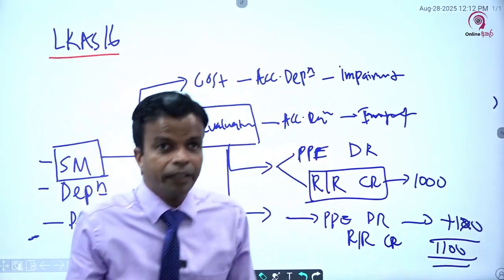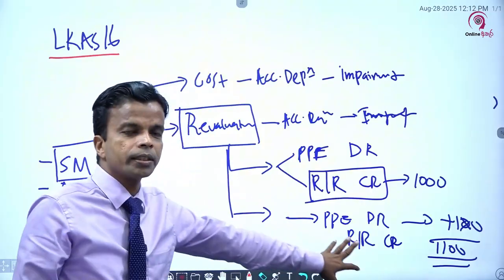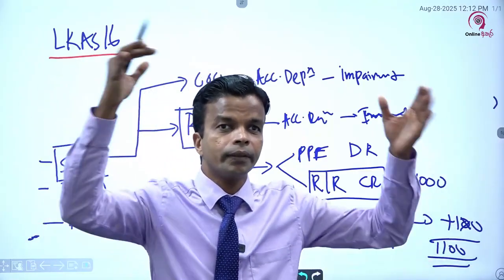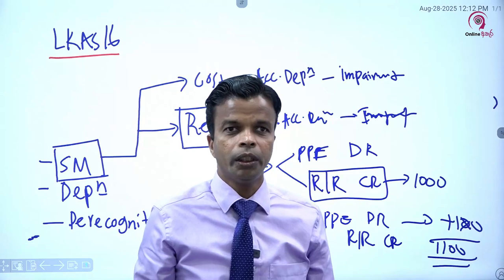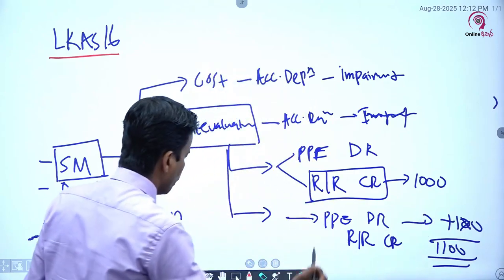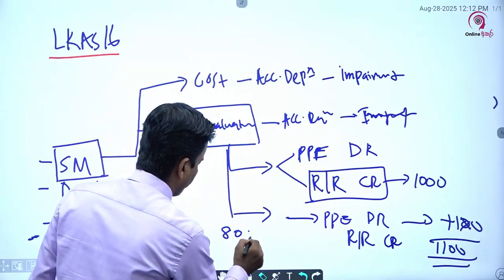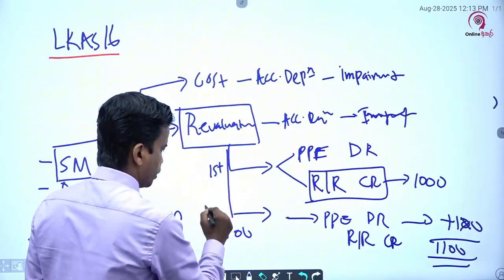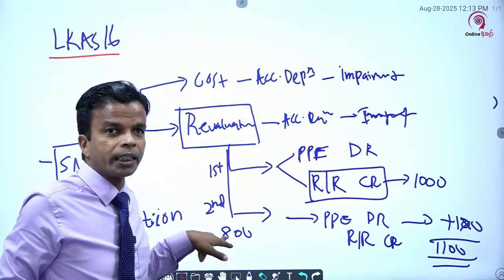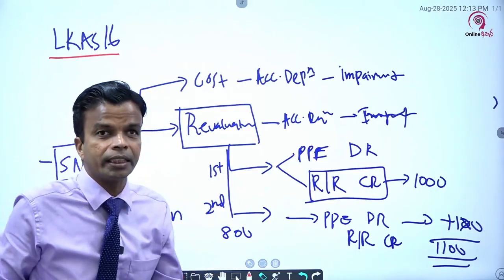But what if, when you do your second or third subsequent revaluation, you note there is a reduction in value, and the new value results in a revaluation deficit of, let's say, 800. So this is the first revaluation, this is the second. Because of the subsequent revaluation, let's say now you got an 800 deficit.